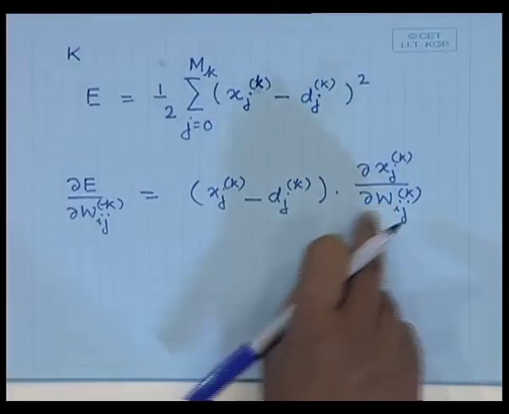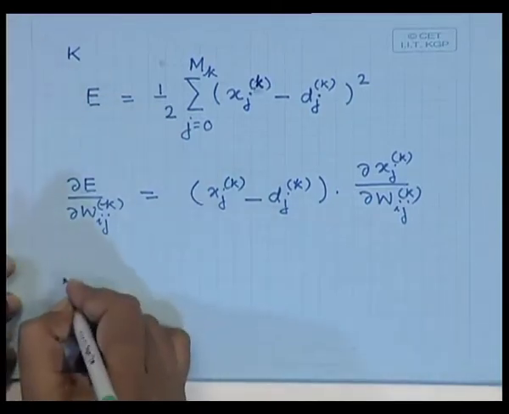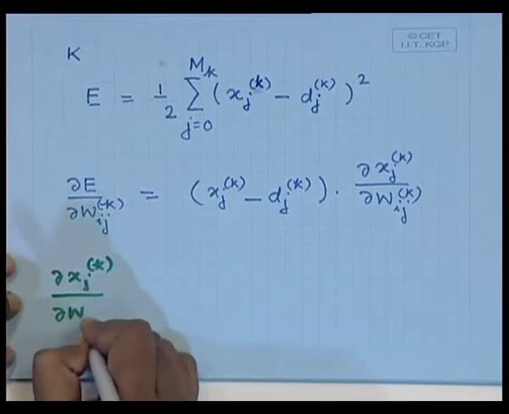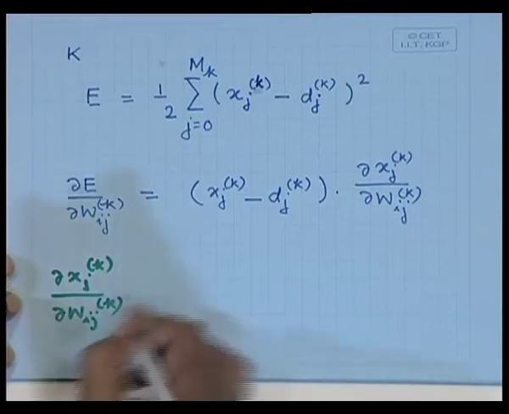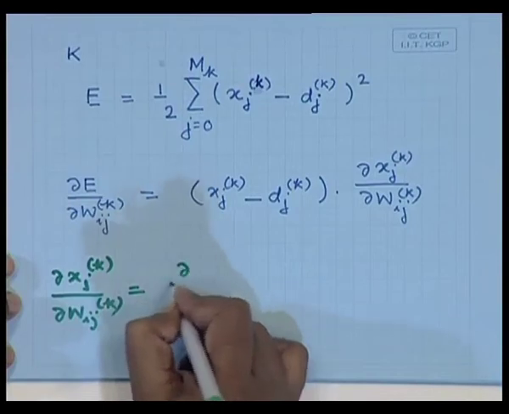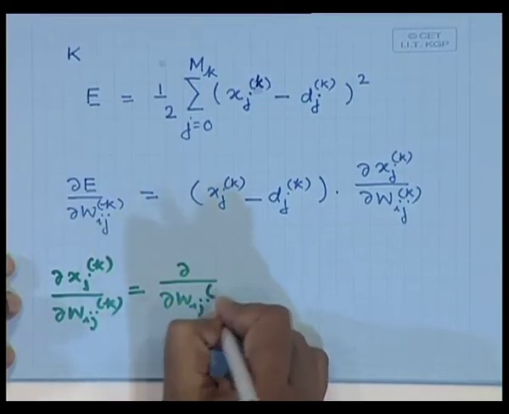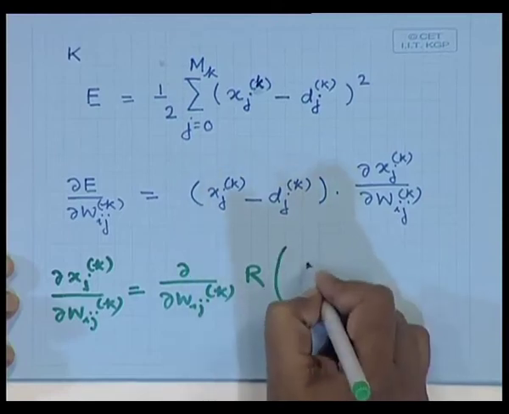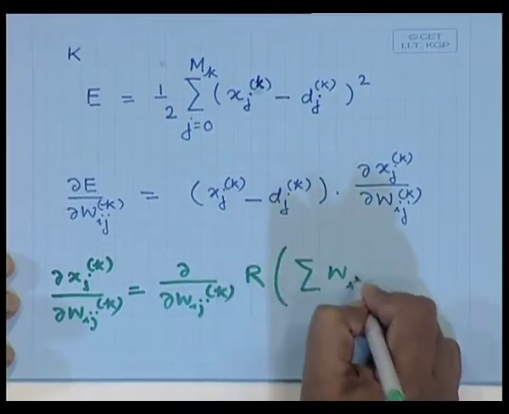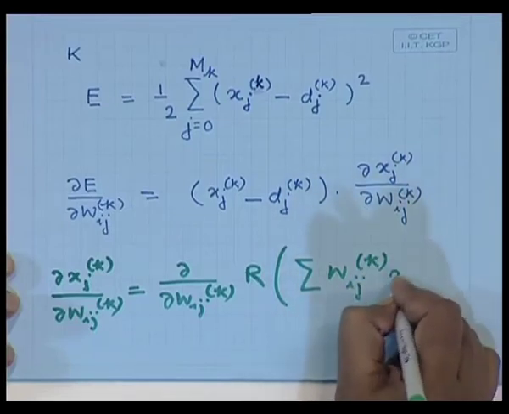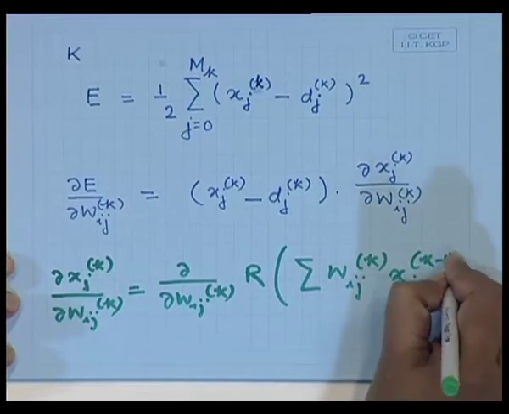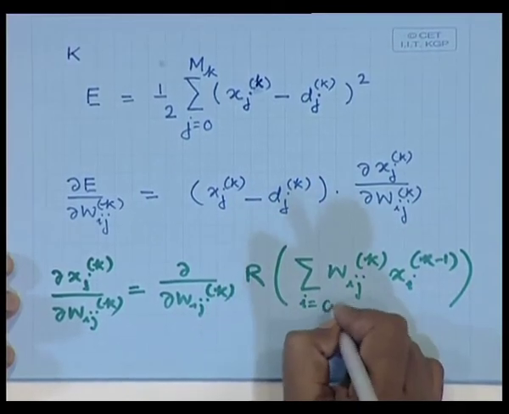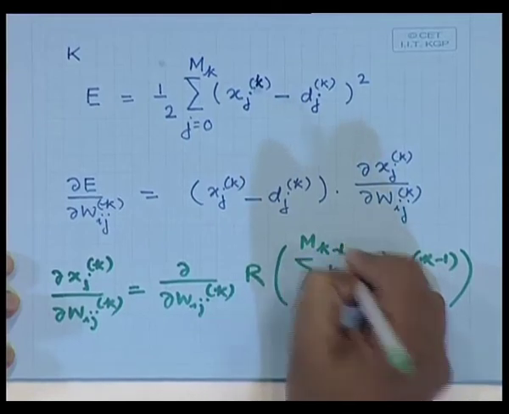If I concentrate on this term, del x_j^k upon del w_ij^k, this will be nothing but del by del w_ij^k of the nonlinearity R of the summation of w_ij^k x_i^(k minus 1), where the summation is for i equal to 0 to m_(k minus 1).